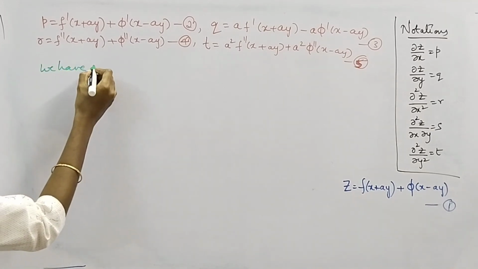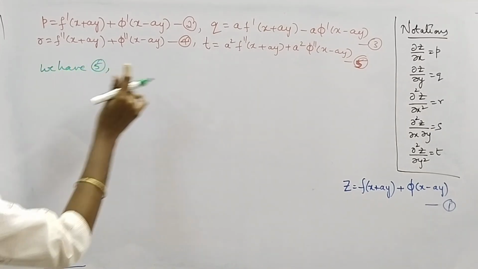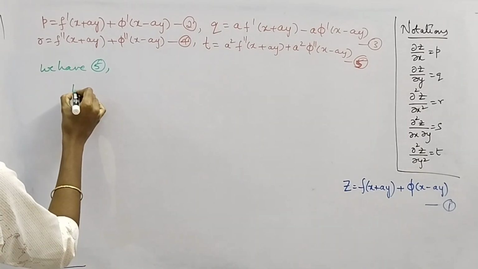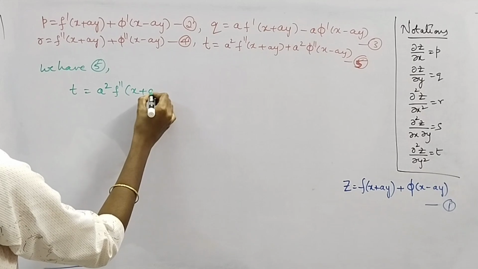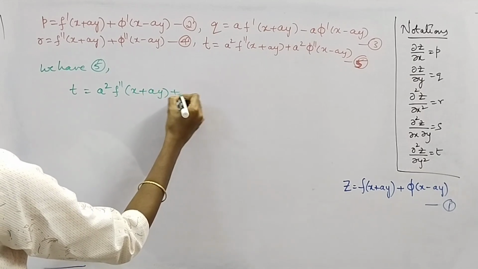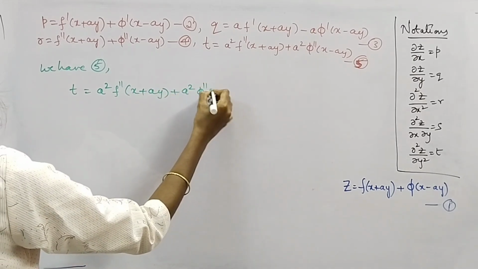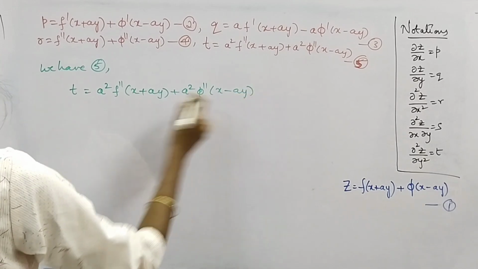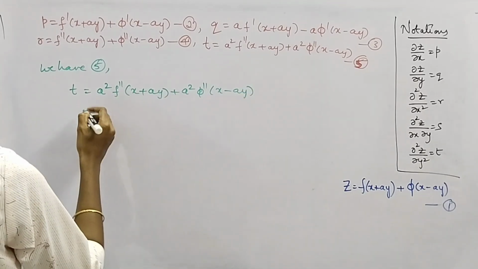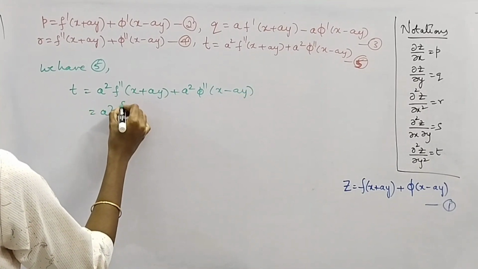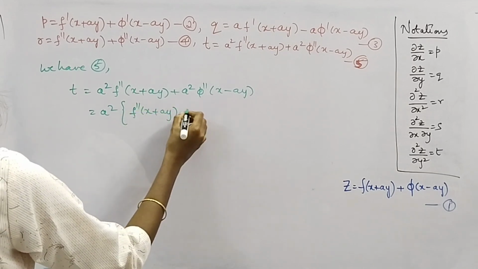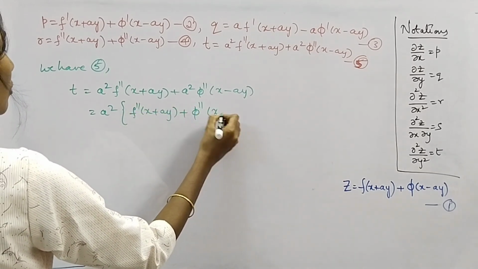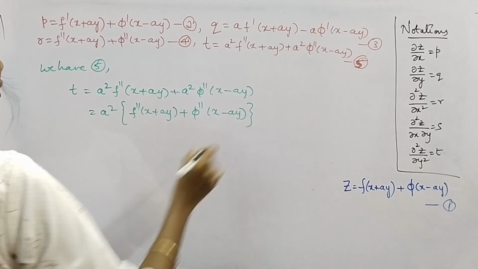We have equation 5. I'll consider equation 5. t equal to a square f double dash of x plus ay plus a square into phi double dash of x minus ay. A square exists in both the terms, so let's take it common. You'll get a square times f double dash of x plus ay plus phi double dash of x minus ay, right?